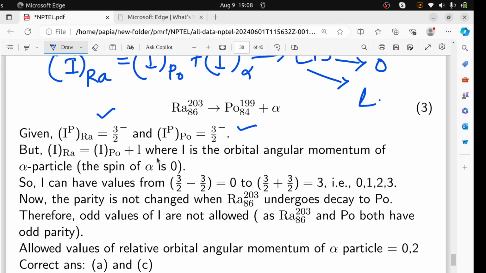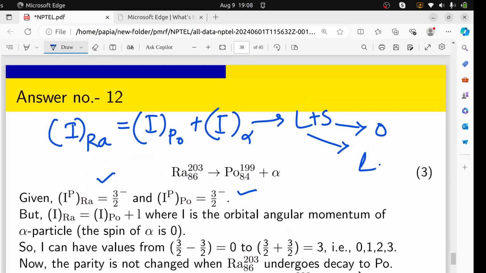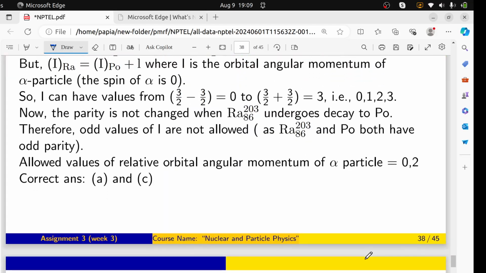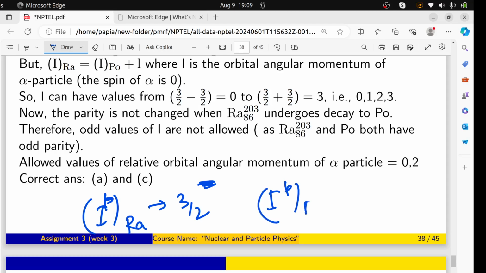Now, this conclusion that L can be 0, 1, 2, 3 is coming only from the value of I. But now we will calculate the value of parity also. Parity is like, I P for radium was 3/2 minus. I P for polonium was 3/2 minus.